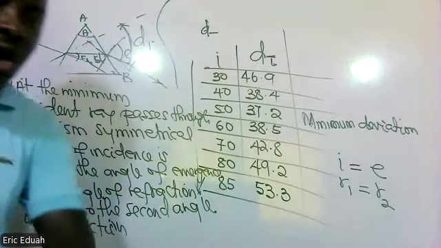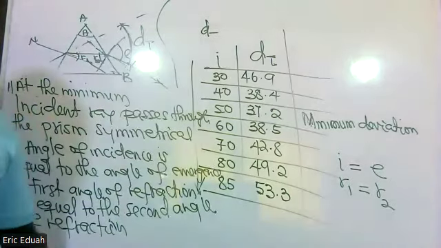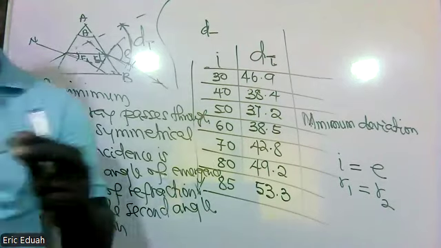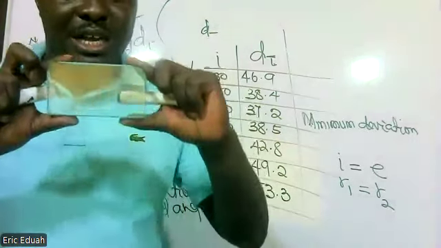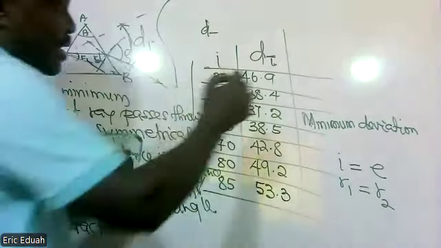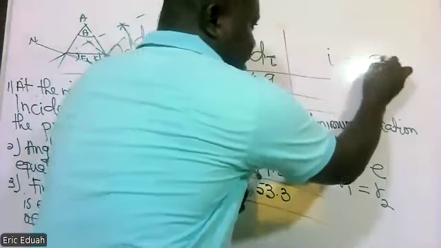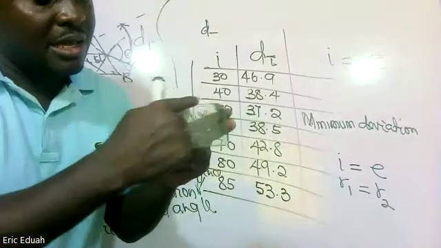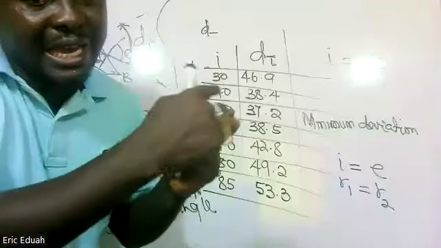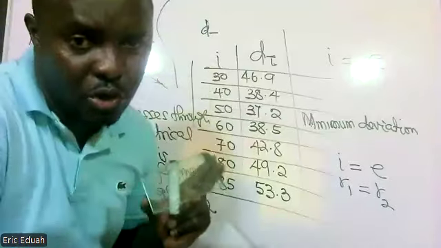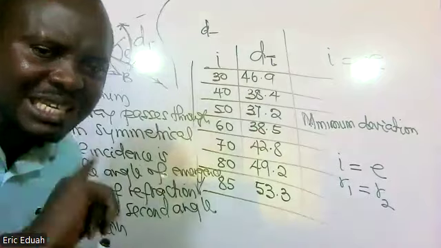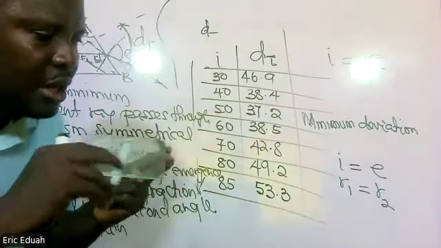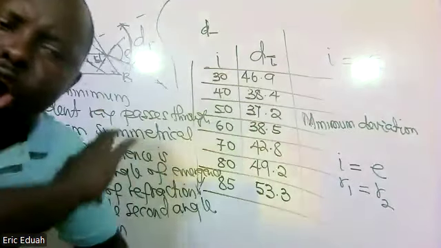For we saw that in refraction of light in a rectangular prism, all the time I is equal to E. So long as these sides are parallel, I would be equal to E. But that does not apply to triangular prisms all the time.